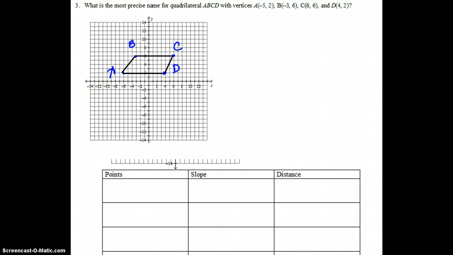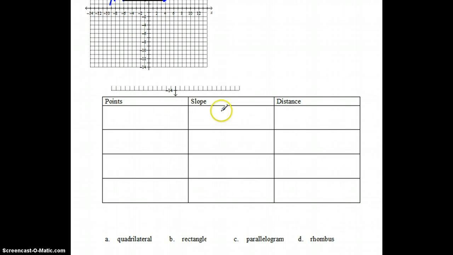Now, first of all, I can look at that and think probably a parallelogram is my guess, just by the way that it looks. But we have to go through and actually figure out a bunch of stuff about it. We have to know the slope and the distances of the sides if we're going to know if they're parallel or perpendicular or the same length. So I've set this up by putting points here. I'm going to show you a little bit about my technique. So I've just done this, so now I can go back in and write my points.